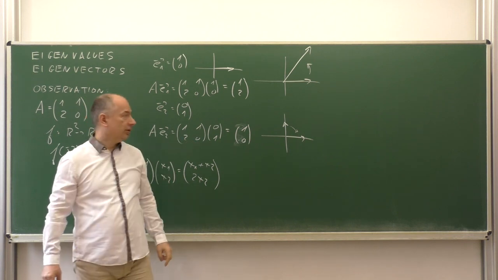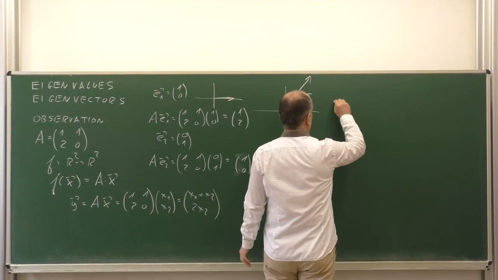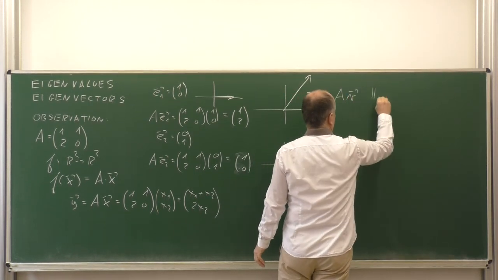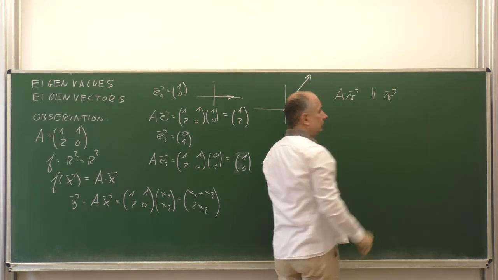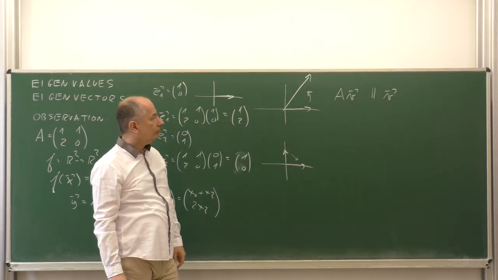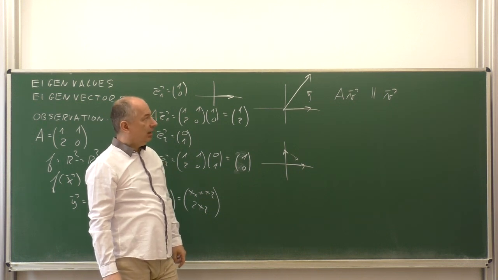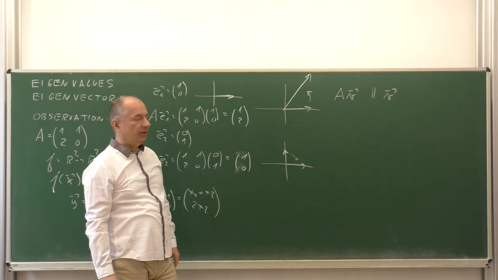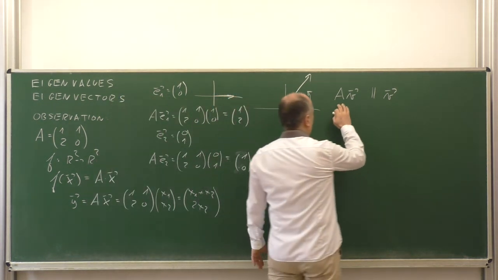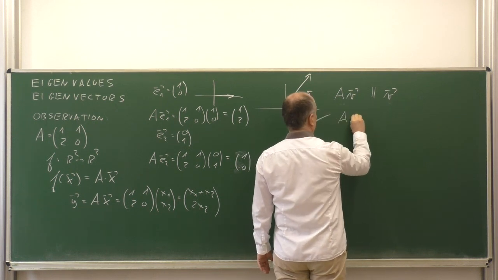This is a very important question. So we want to find a vector, let's call it v, such that the result is parallel to the vector itself. And this appears to be a very important question, and the solution will be very useful. They should be parallel, that means in the same line.